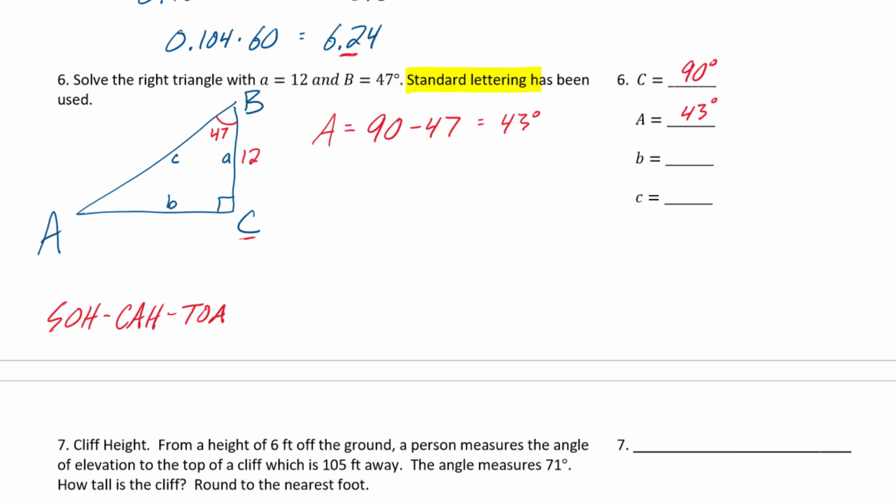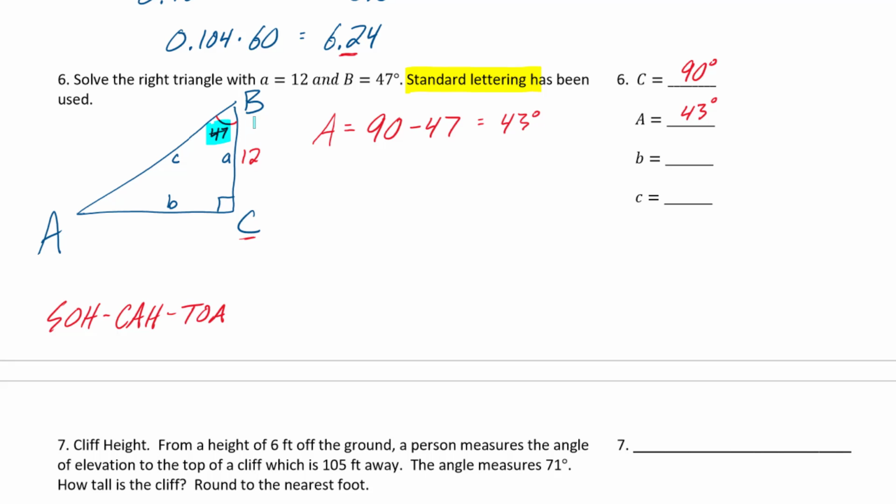But in this case, I think if we can use the original just in case we made a mistake, that would be safer. So I'm going to go ahead and reference this 47 right here. And if I have that as a reference, that seems like the 12 would be my adjacent, the C would be the hypotenuse, and then the B would be the opposite.